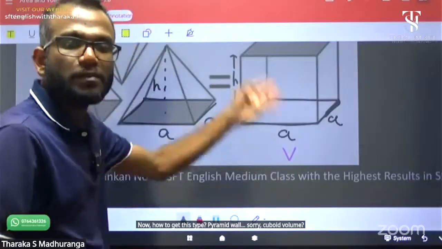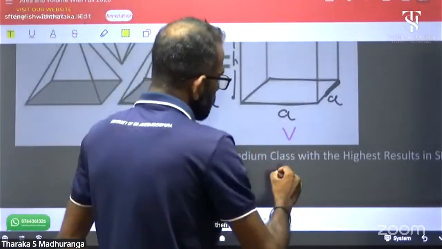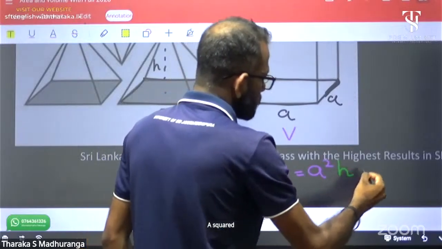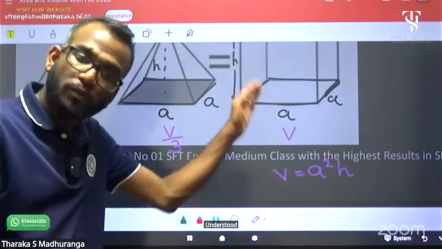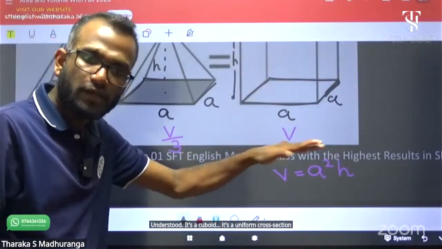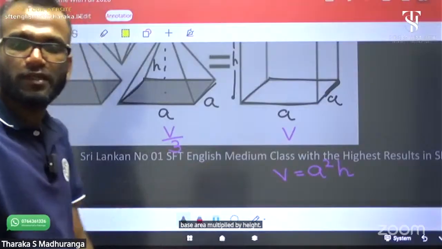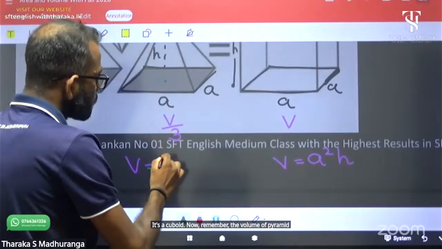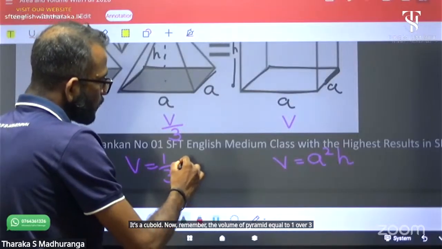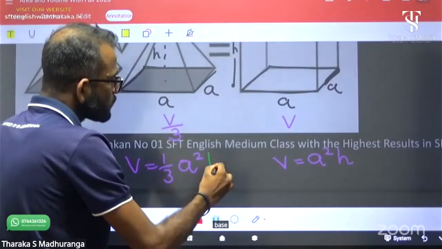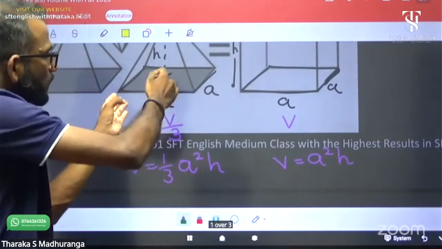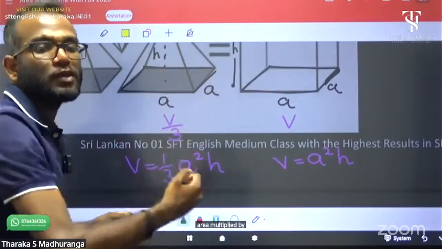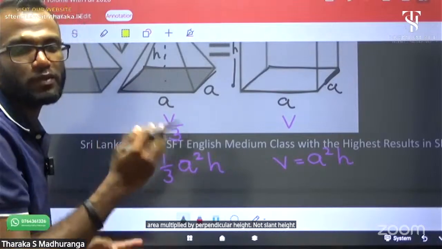The base area multiplied by height, so volume equals A squared into h. It's a uniform cross section object. Now remember, the volume of pyramid equals 1 over 3 base area into h. Base area means the square area, multiplied by perpendicular height. Not slant height, perpendicular height.